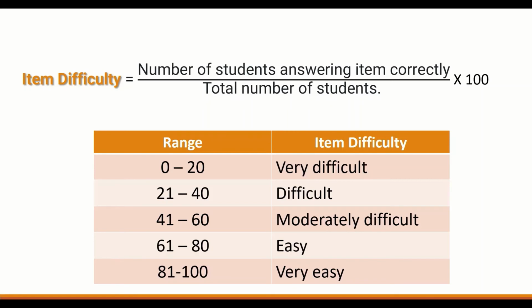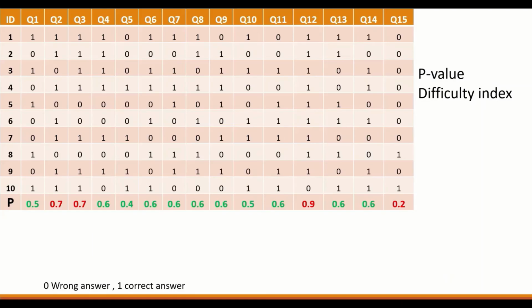Any question that has a range of 61 to 80% is considered an easy one, and a question that has a p-value greater than 81% is considered a very easy question. So these are the criteria to classify questions based on the item difficulty value.